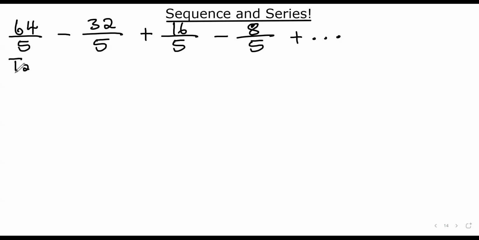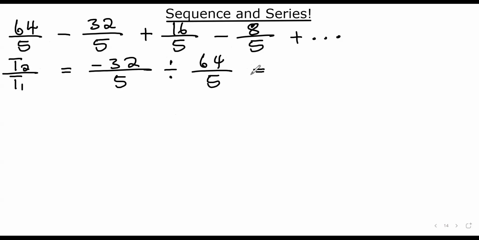So if you take term number 2 and you divide it by term number 1, what is it going to be? Well, it's negative 32 over 5 divided by 64 over 5. Well, if we divide those two, you simply get negative a half.